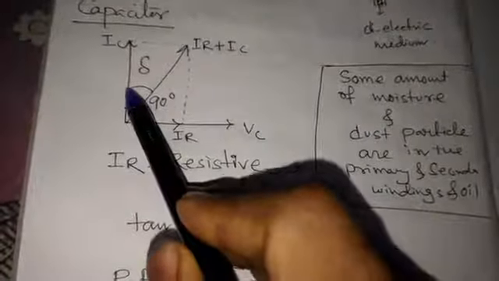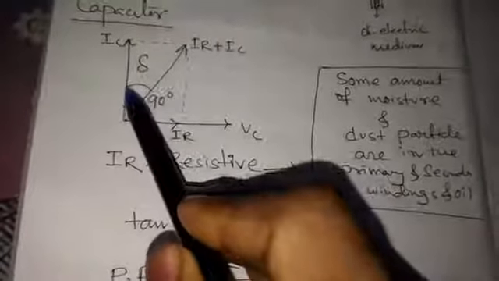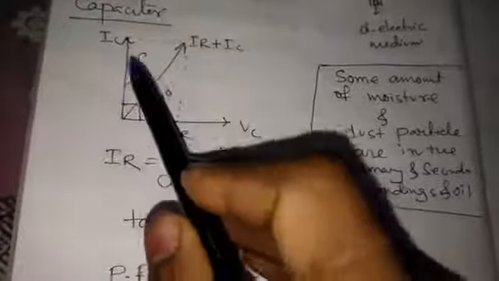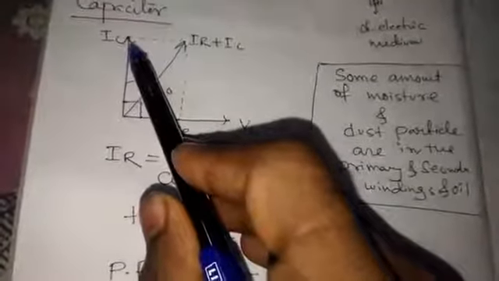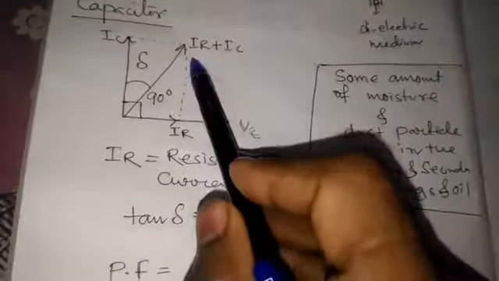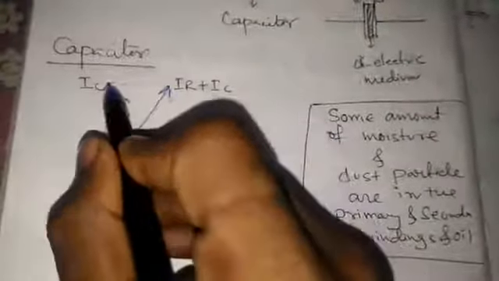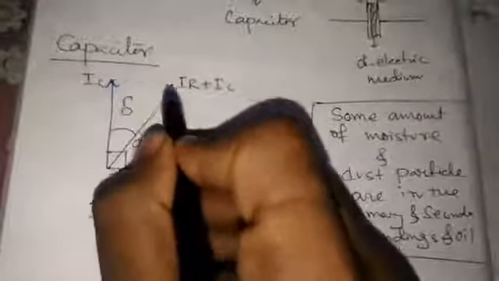So this is the delta angle that deviates from the previous IC angle. This was the resultant current previously, and this is the resultant current after the test. So IR plus IC is the resultant current, and this is the delta angle of deterioration, and this is also the IR. These deteriorations or displacements are due to the resistive current.